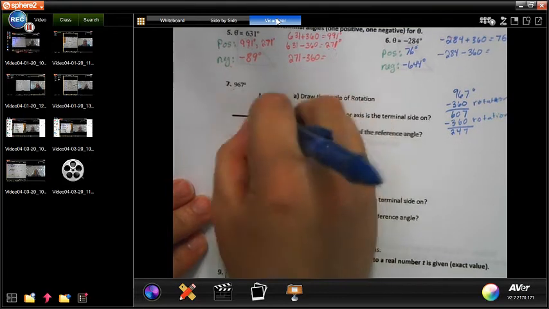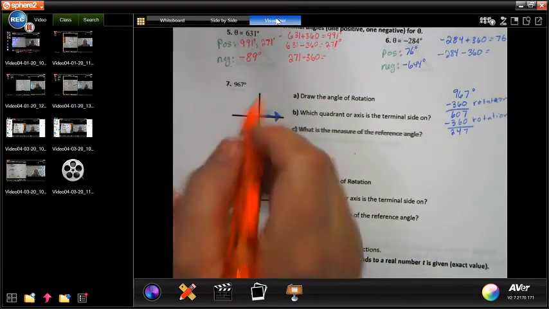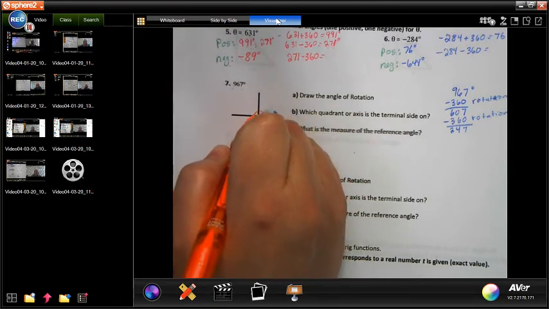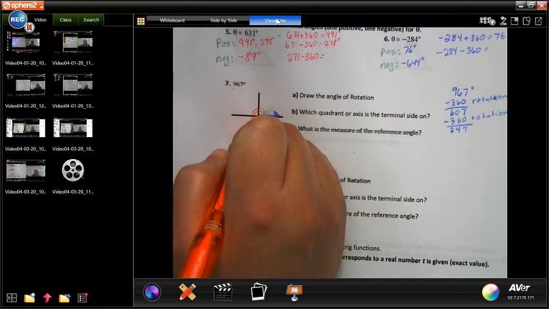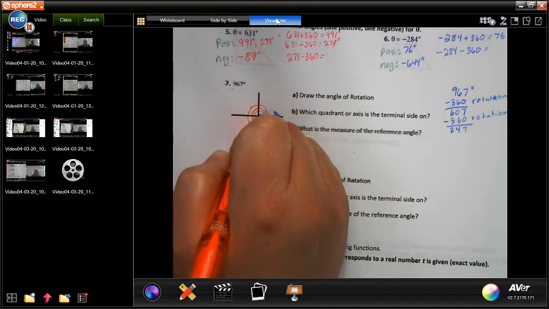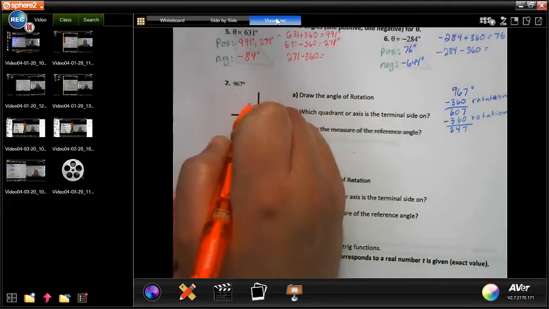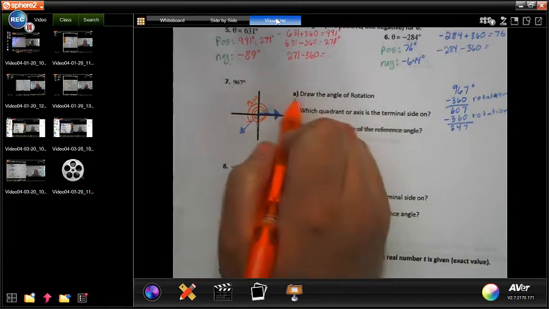So when I do my loopy, I need to snail it out. We have 1 loop, 2 loop, and then we end at the initial side. That would be 967 degrees. There we go. So that's my angle of rotation right there.